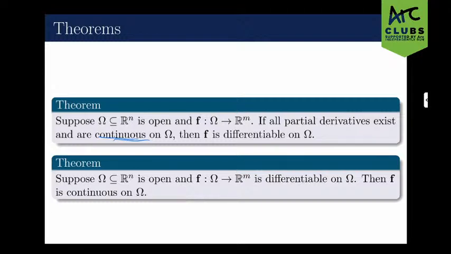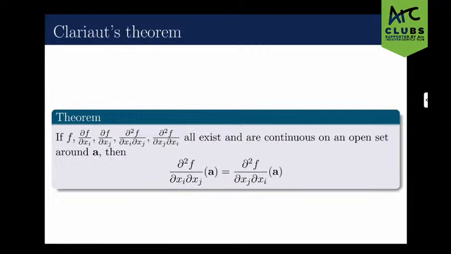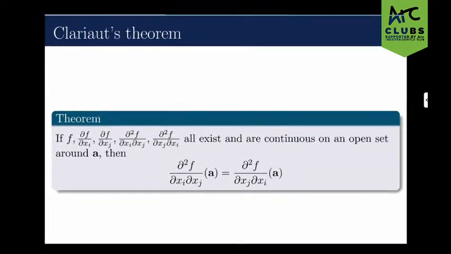Okay. The second theorem here is just that differentiability implies continuity, just like in the single variable example. One implies the other. Then we have this theorem over here, where we're looking at higher order partial derivatives.